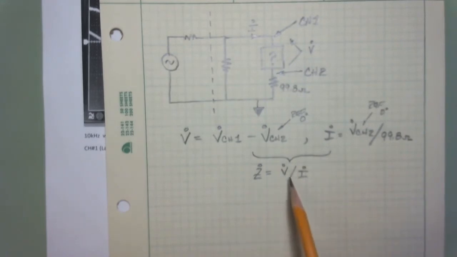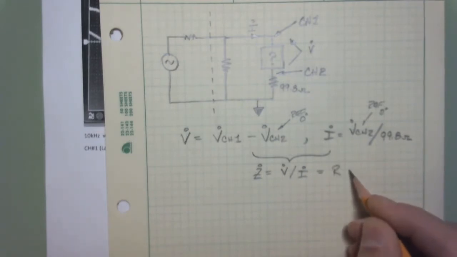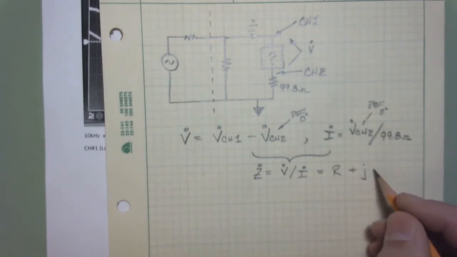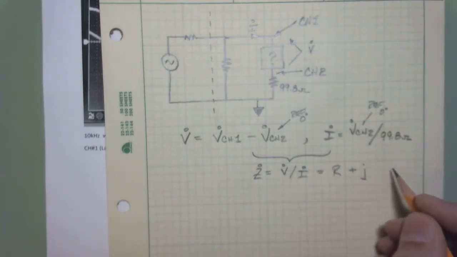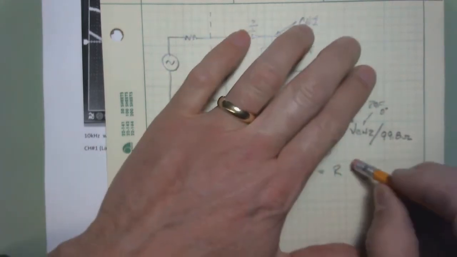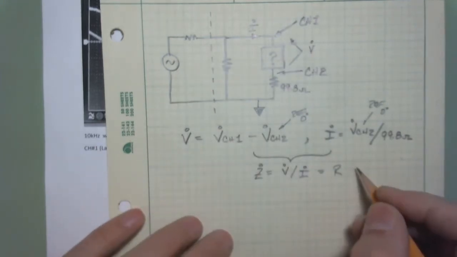Now with the voltage and the current, from that ratio we can get the impedance, and we will look at this as some resistive portion plus j, and whether that is omega L or minus, maybe I better be a little more general about this.